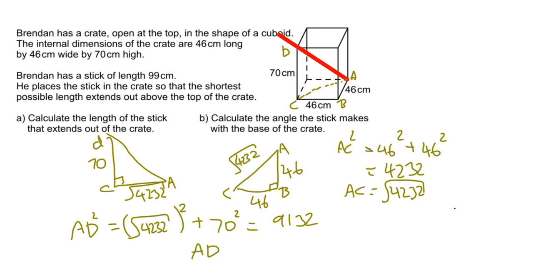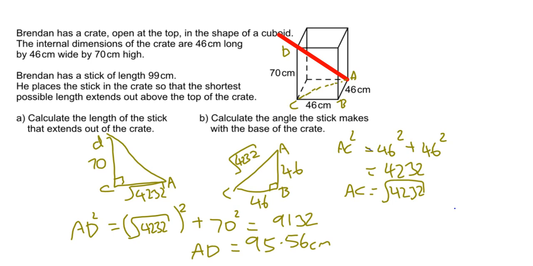So what is AD going to be? What's the length from the corner to the corner? Well, the square root of that works out at 95.56 centimeters. So that tells me that the length from A to D is 95.56 centimeters. But my stick is 99. So how much does it stick out?